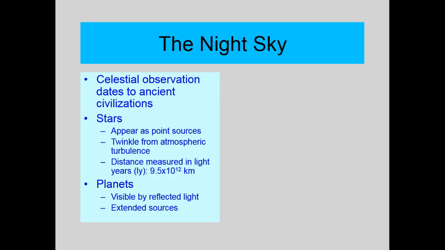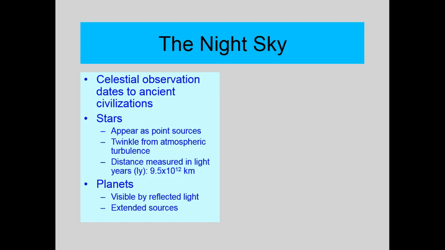Okay? But if you had a pretty powerful telescope and looked at a planet, you wouldn't see a speck of light like you would a star. You see actually an extended source. You see what looks like a circle or a sphere, but usually, like the moon, it has a wedge out of it. That's because you only see the portion that the sun is shining on.